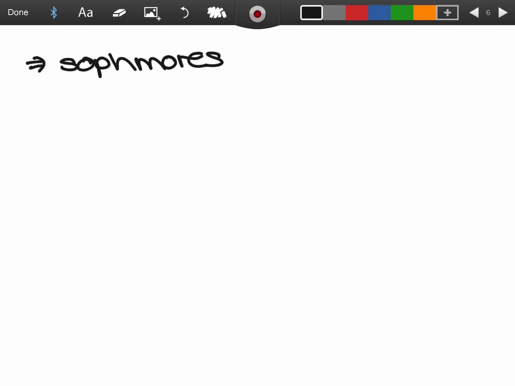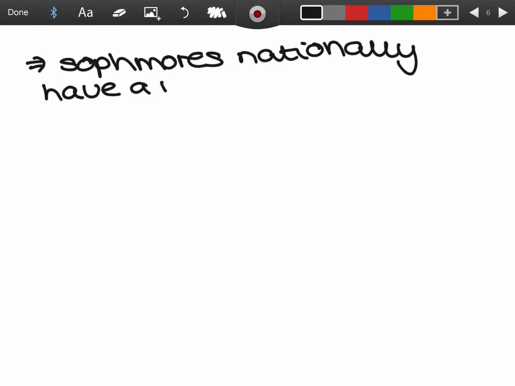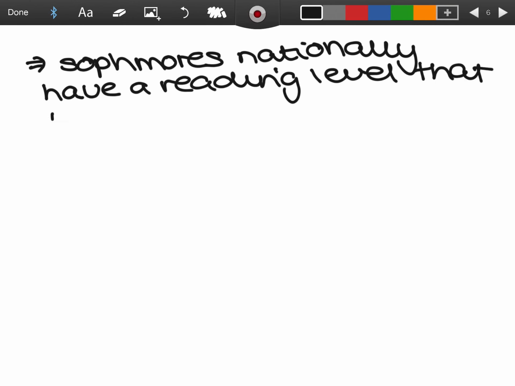So it's just a sample of all the sophomores in the country. But because of that being such a difference, we're actually going to say that sophomores nationally, we're looking at our population mean now, sophomores nationally have a reading level that is different than 150 words per minute.